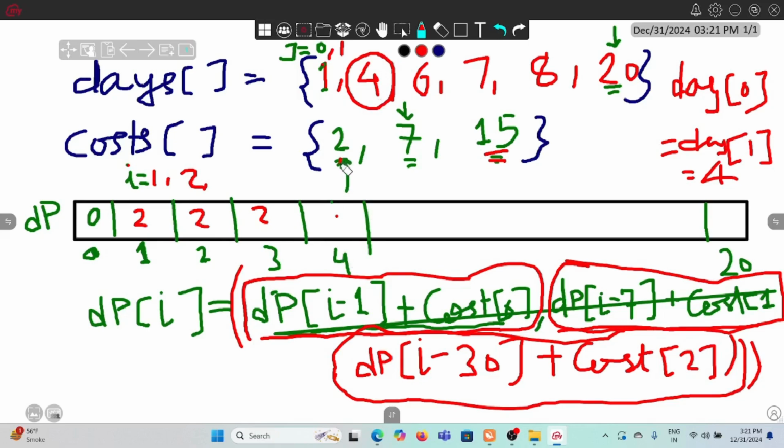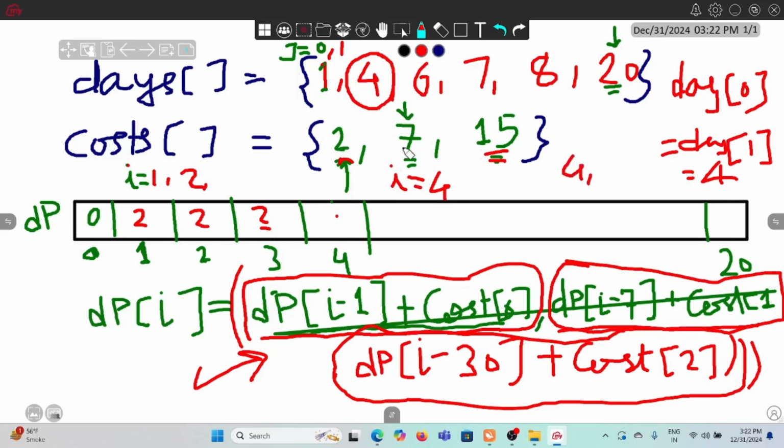In that case we have to use this formula again, and whoever is giving us the minimum. When I equal to 4, dp of 4 minus 1 is dp of 3, which is 2 only. So this value is 2 plus cost of 0, which is 2. So 2 plus 2 is equal to 4. 4 is the one value.